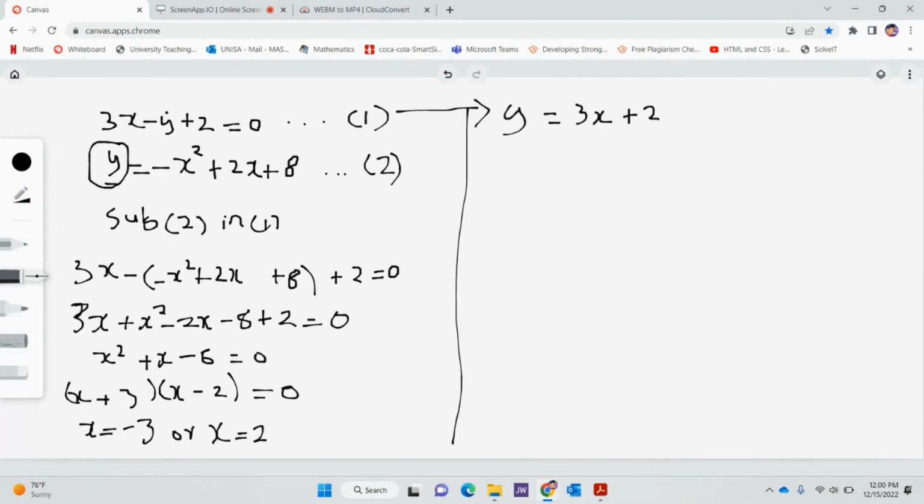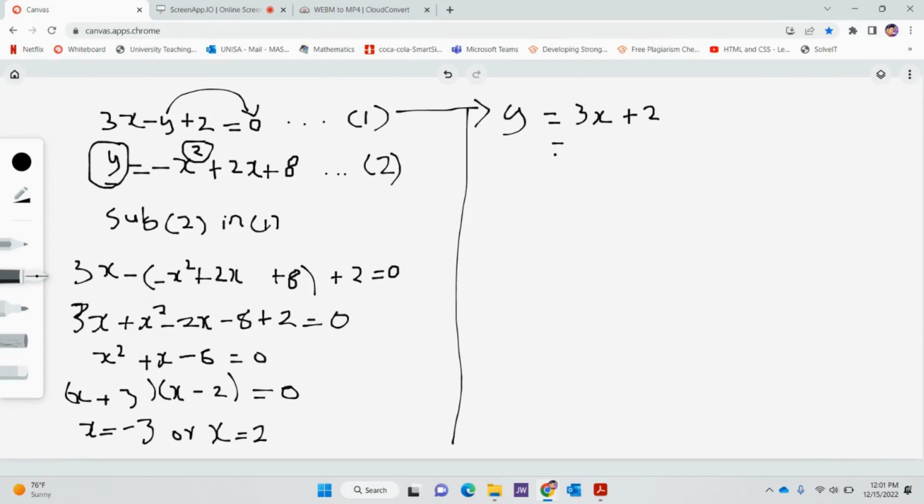I kind of just took that y out and it came out as a positive, leaving 3x plus 2. So I'm opting to substitute into that one because it's a linear. This one is a quadratic. So linears are much quicker to simplify than quadratic formulas. But we could still substitute into that one. It will give us the same answers. It's just that we're going to have to square plus 2 times whatever we have in plus 8, which will be much longer.